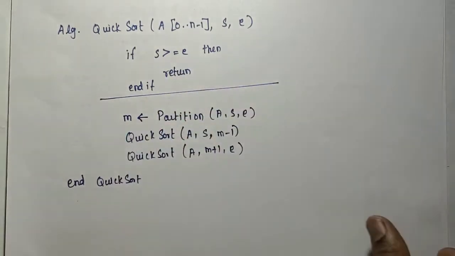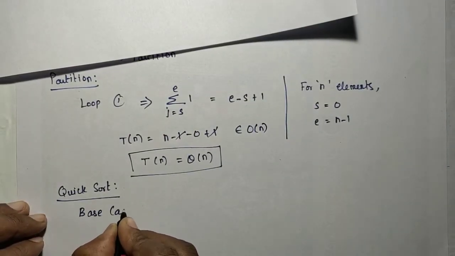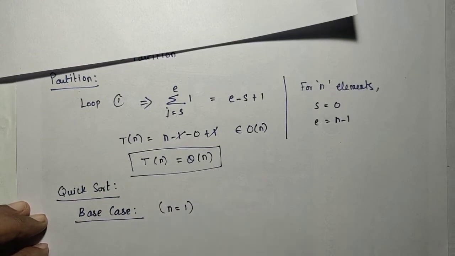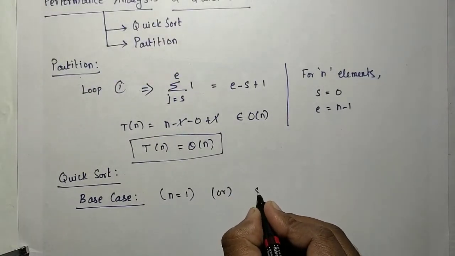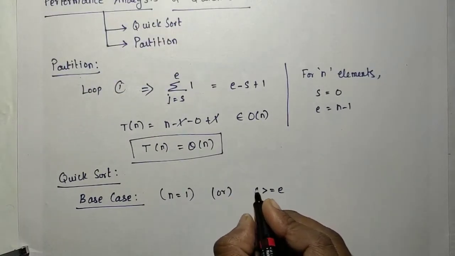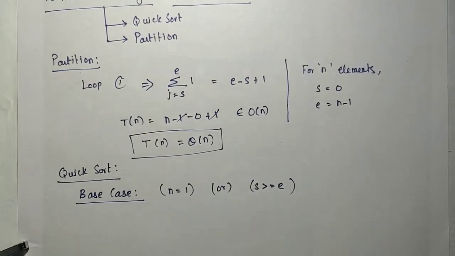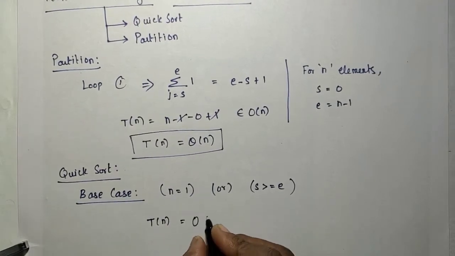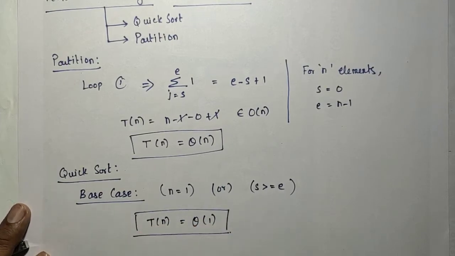So the time complexity is constant, O of 1. The base case is when n equal to 1, or S greater than or equal to E. In that case T of n equals O of 1, not theta of 1.